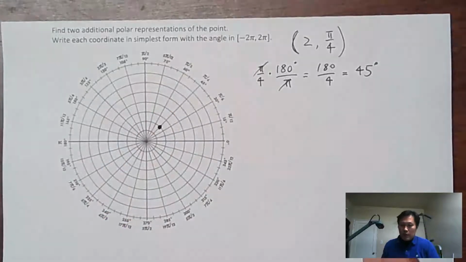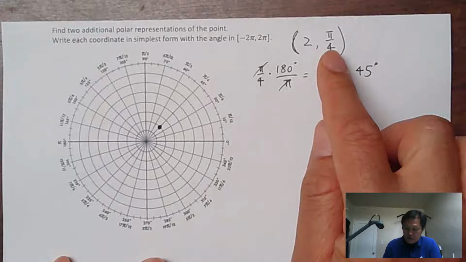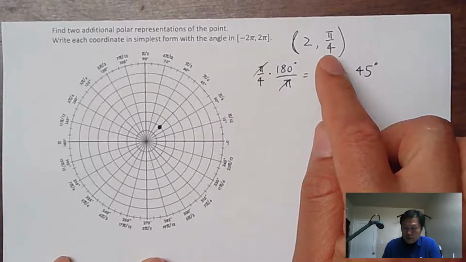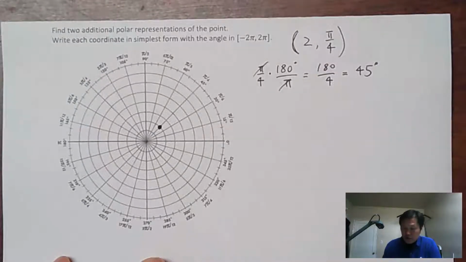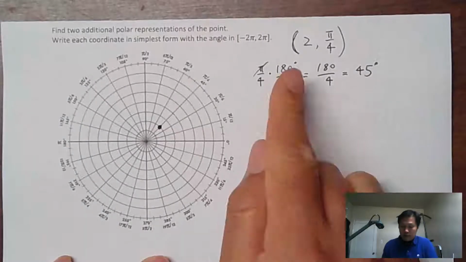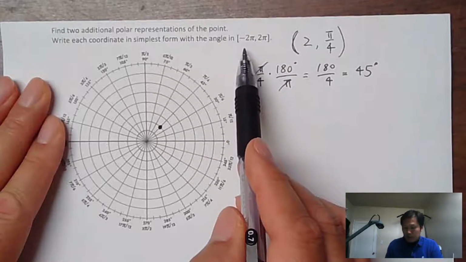So we can play with theta by adding 360 degree as many times as you want, or subtract 360 as many times as you want. So there are numerous answers, countless number of answers for this, but usually they give you a restriction.